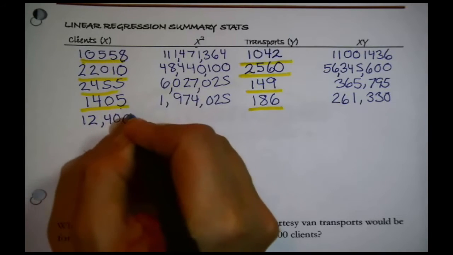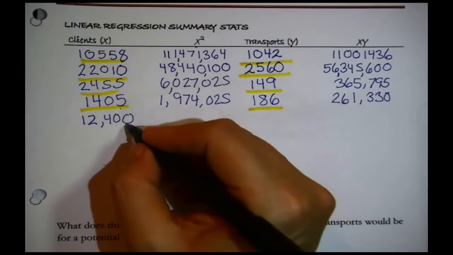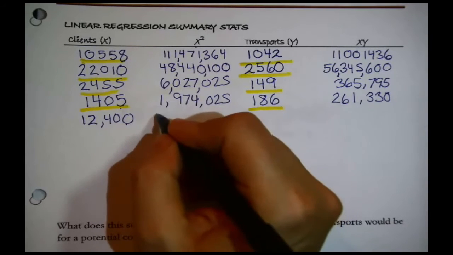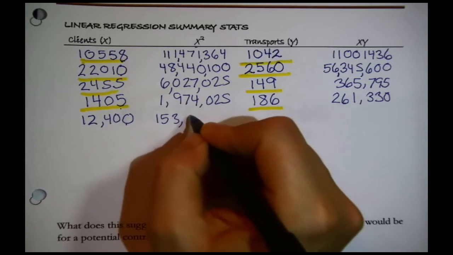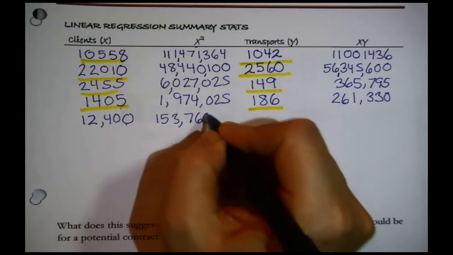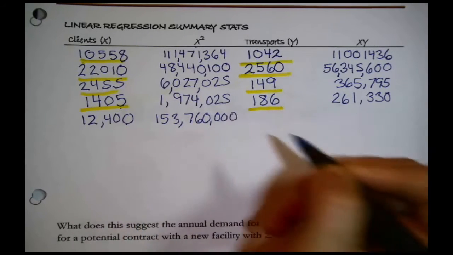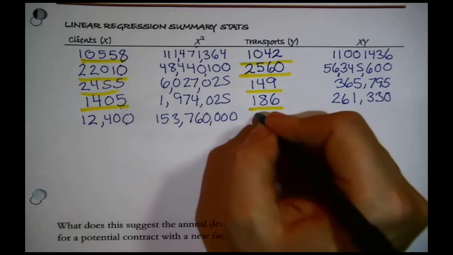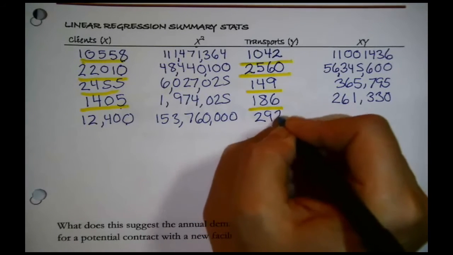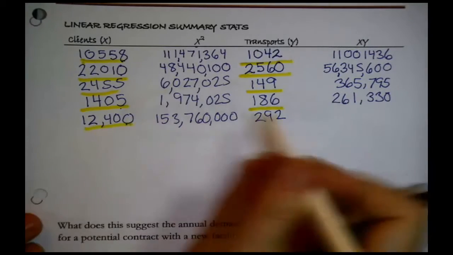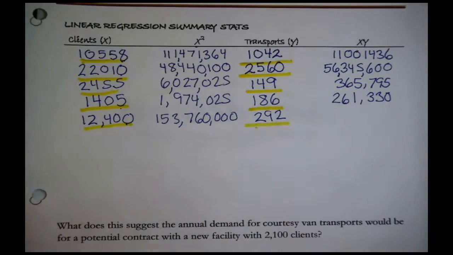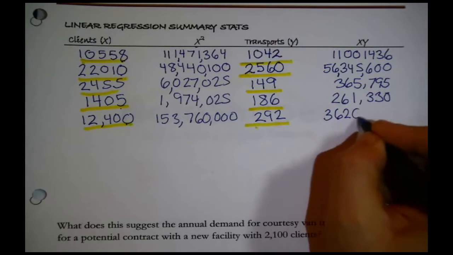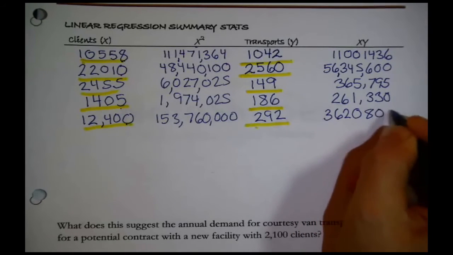Fifth contract, 12,400 clients. Square that number. 12,400 times 12,400, 153,760,000. Okay, number of transports under that contract, 292. Fine, that number times this number, what is it? I get 3,620,800.